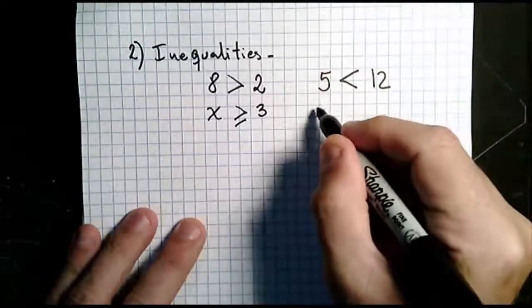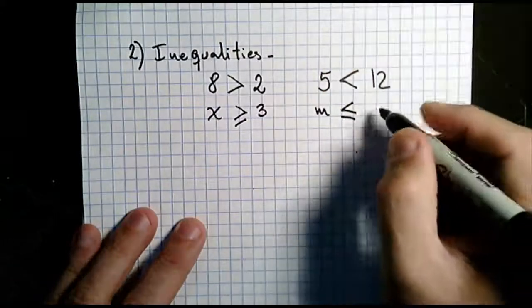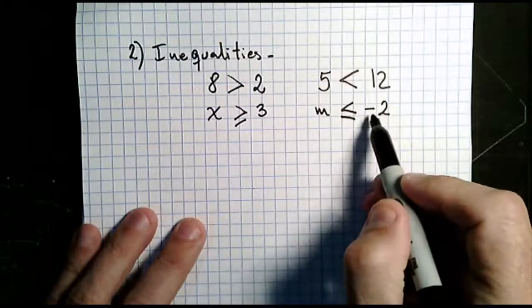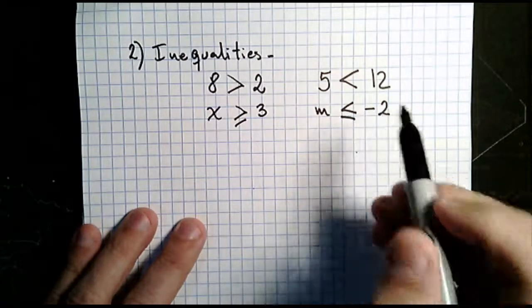It can be any letter whatsoever, m less or equal than negative 2, so all the values less or equal than negative 2.